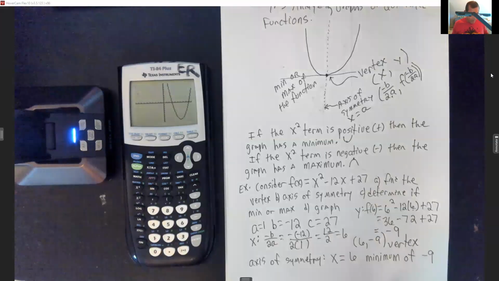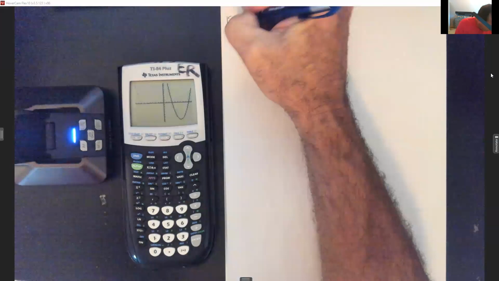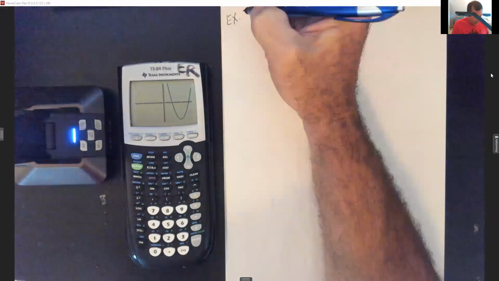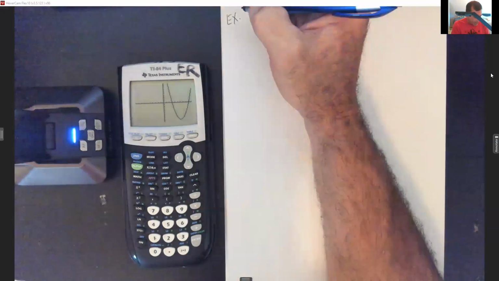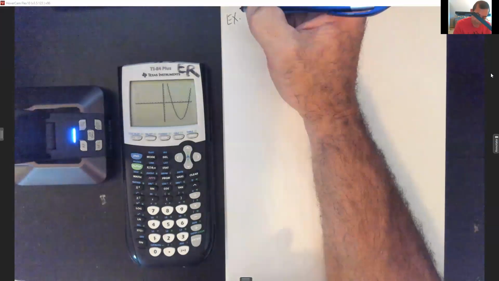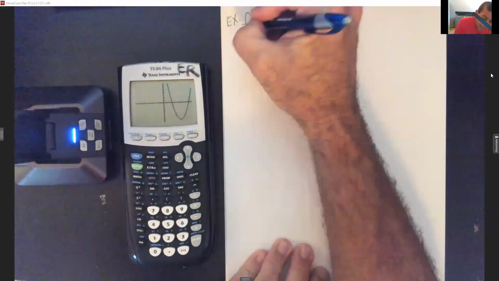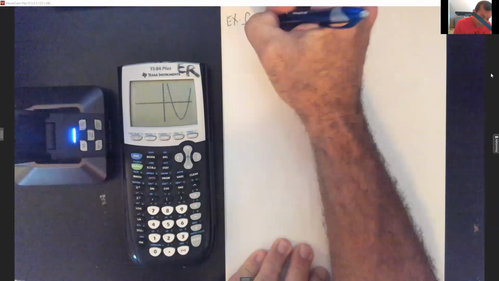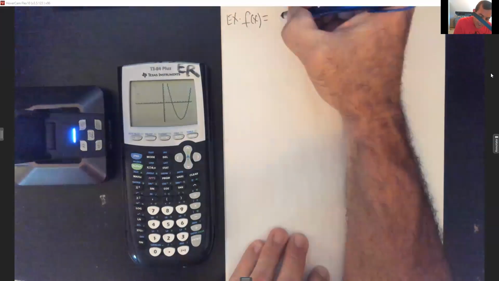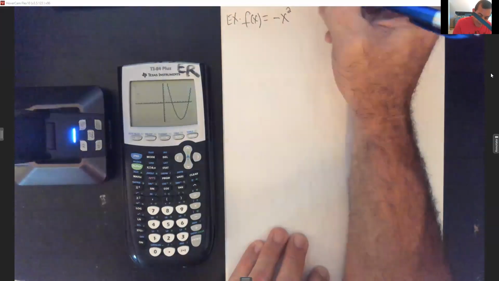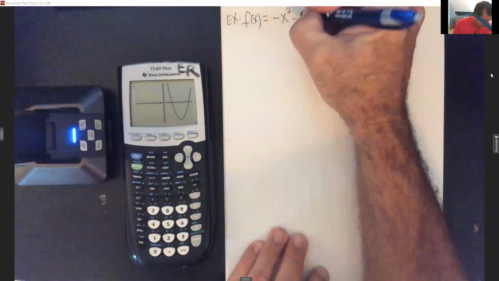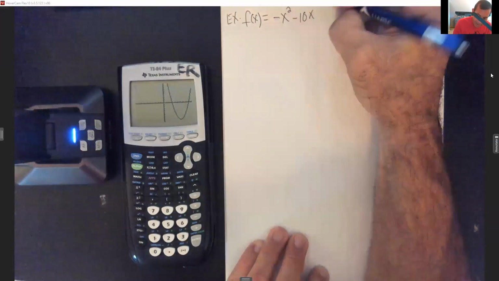All right, let's move on to the next one. So same thing, I'm going to find all 4 of those. This time my function is going to be f of x equals -x squared minus 10x minus 28.